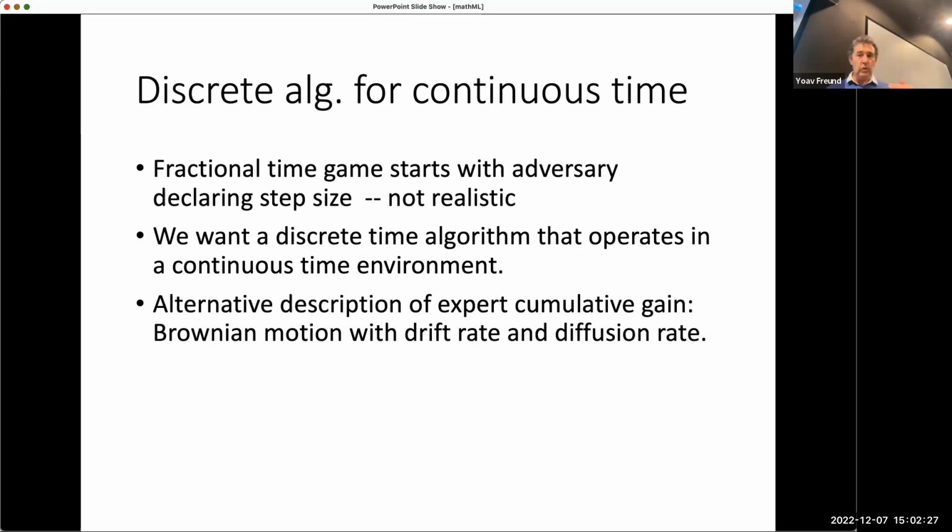It's Brownian motion with drift rate and diffusion rate. If we want to go all the way to continuous time stochastic processes, there are Ito processes and stuff like that we can do. But here I'm actually staying away from that. I'm just saying, maybe the adversary is doing something like that, but I'm not controlling it at every point.